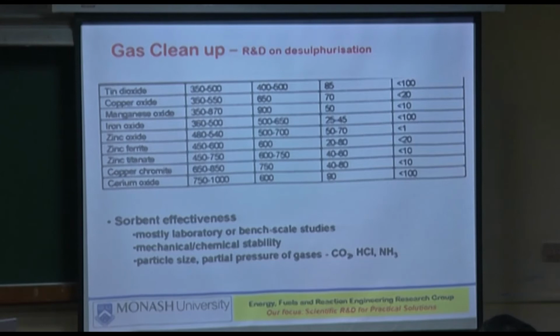Iron oxide, you can try them. I have seen higher figures than this 25 to 45% that is there in this table from the IEA report. But there are others. The current levels are much higher. Cerium oxide is actually quite expensive.